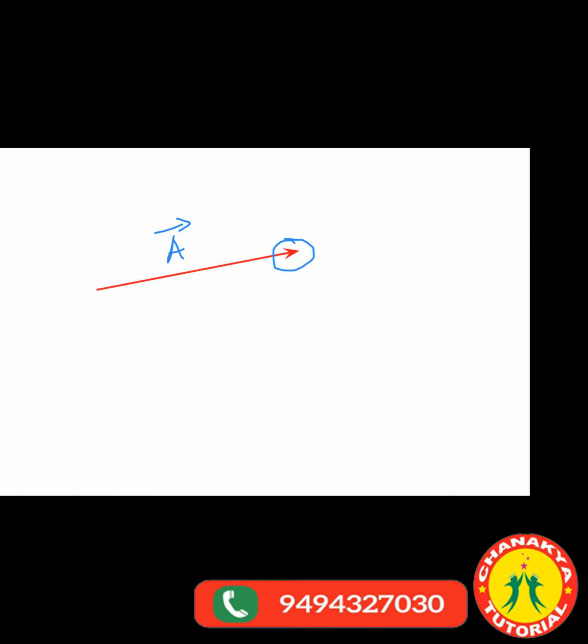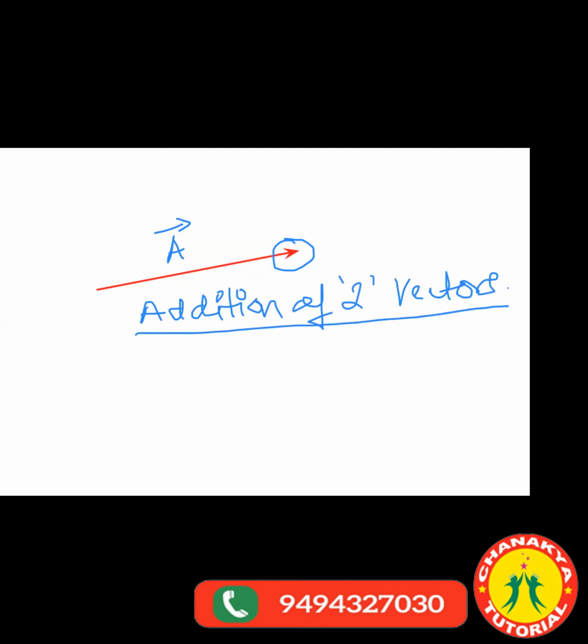First, I will take the addition of two vectors. Now, let us say I have two vectors, A vector and B vector.